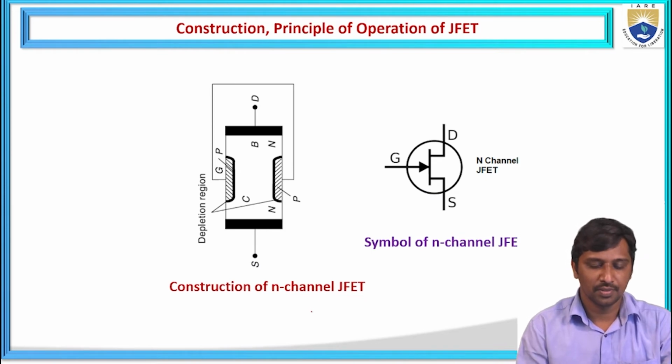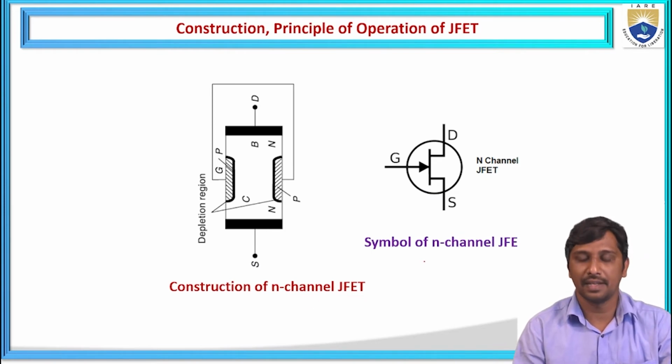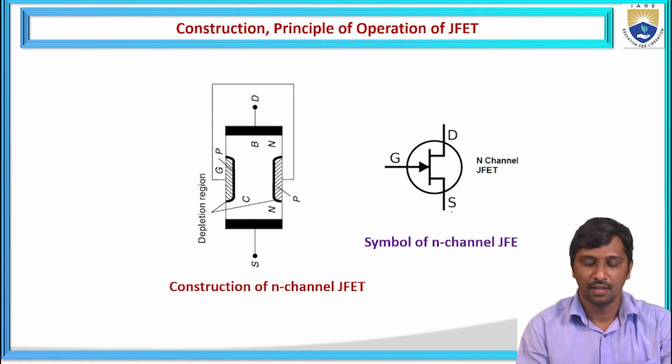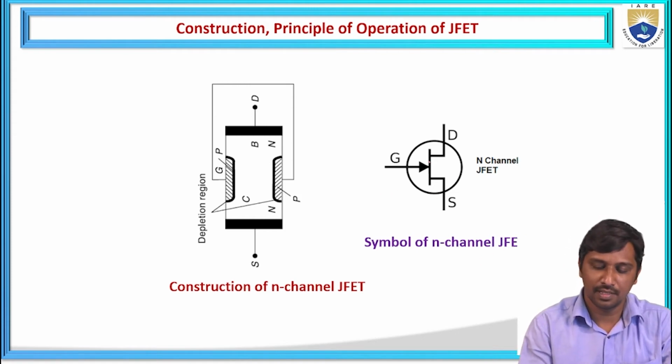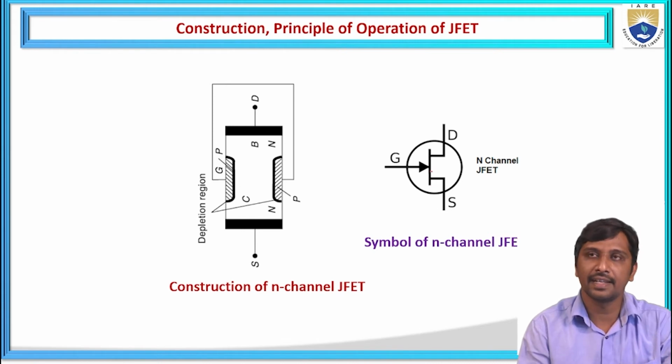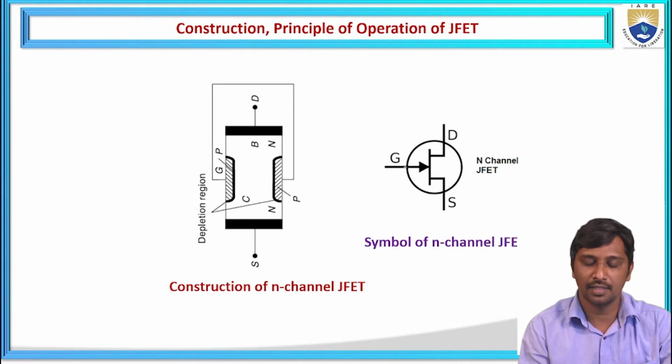Now coming to the symbolic representation of the N-channel JFET. This is a piece of bar, called the N-type bar. One end is connected to the drain, one end is connected to the source, and the diffused material on this N-type semiconductor bar is the gate terminal.